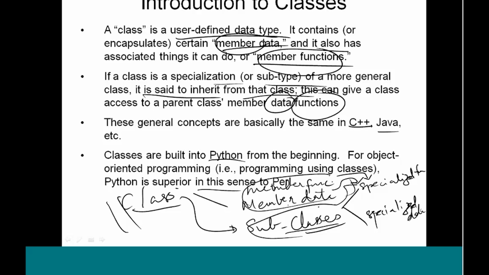Python is superior to Perl in this sense. This is something that you may want to keep in mind. Perl 5 is also object oriented, but Perl was developed as non-object oriented from the beginning, so it may not have all these things, whereas Python has everything already there.